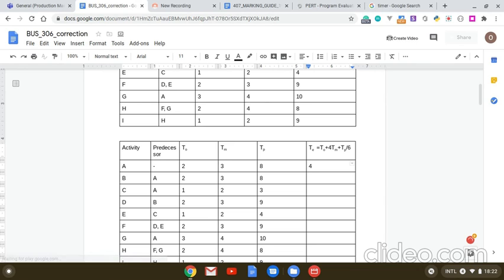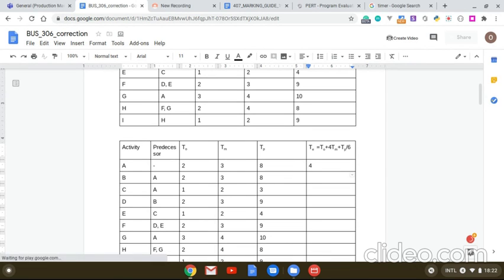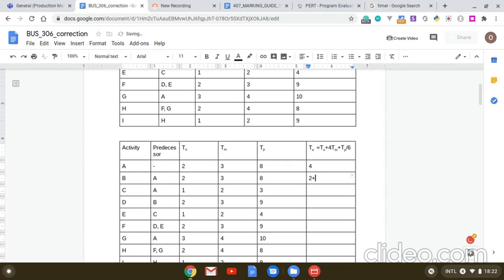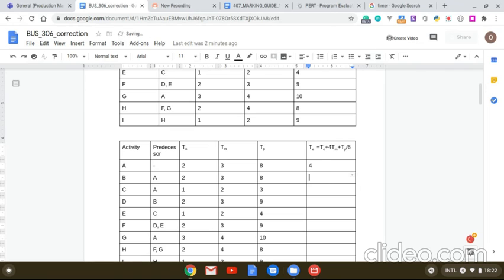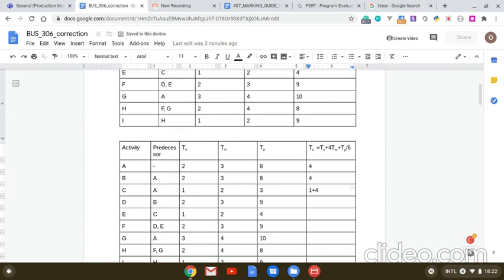We move to the next one. The next one now is 2 plus 4 times 3 plus 8, same thing. That should be 4 too. So there's something for us to calculate. Next one is 1 plus 4 times 2 plus 3 divided by 6.